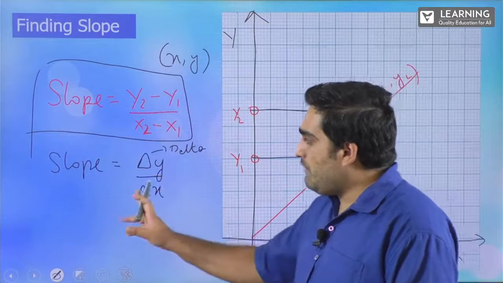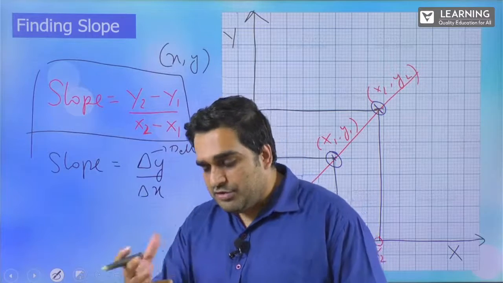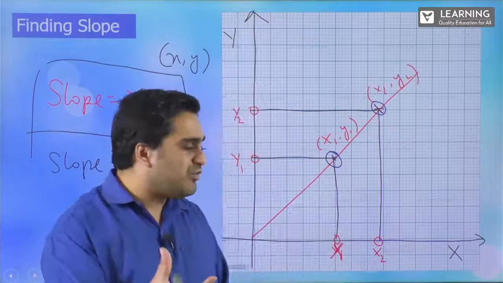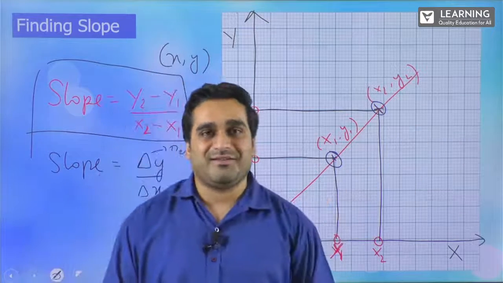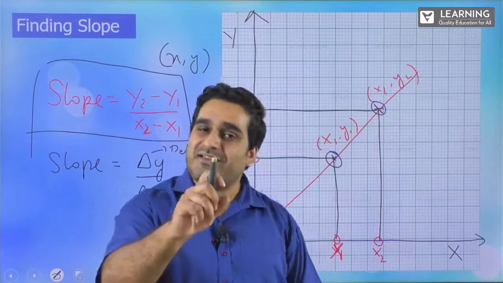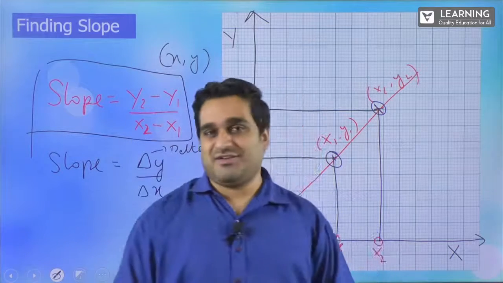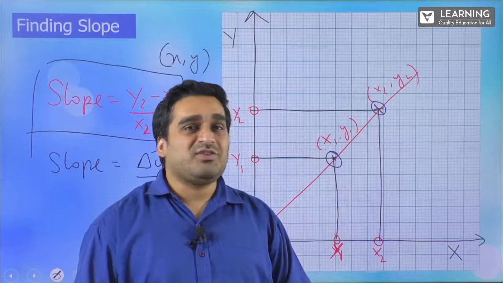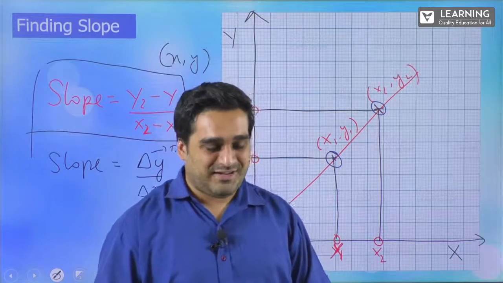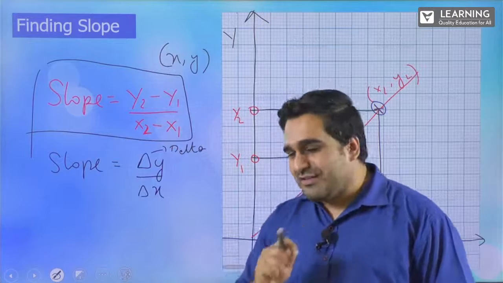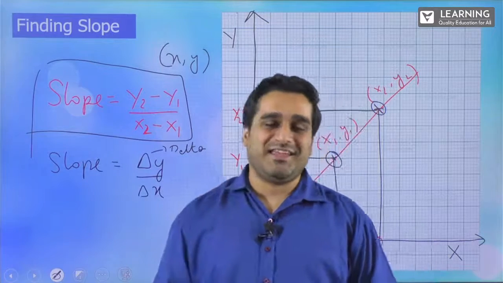So now that we have learned how to identify the slope, let us try to form an equation for this straight line. You might have learned this in your lower class as well: equations of a straight line. It's not just that, you would have also discussed equations for a pair of straight lines, or the chapter, to be more specific, is pair of linear equations.